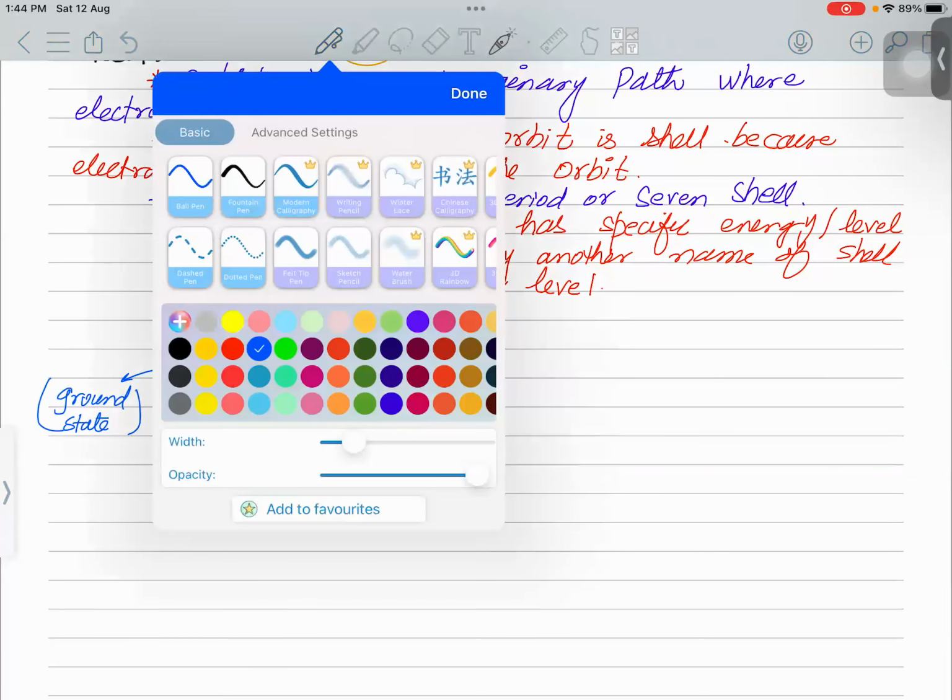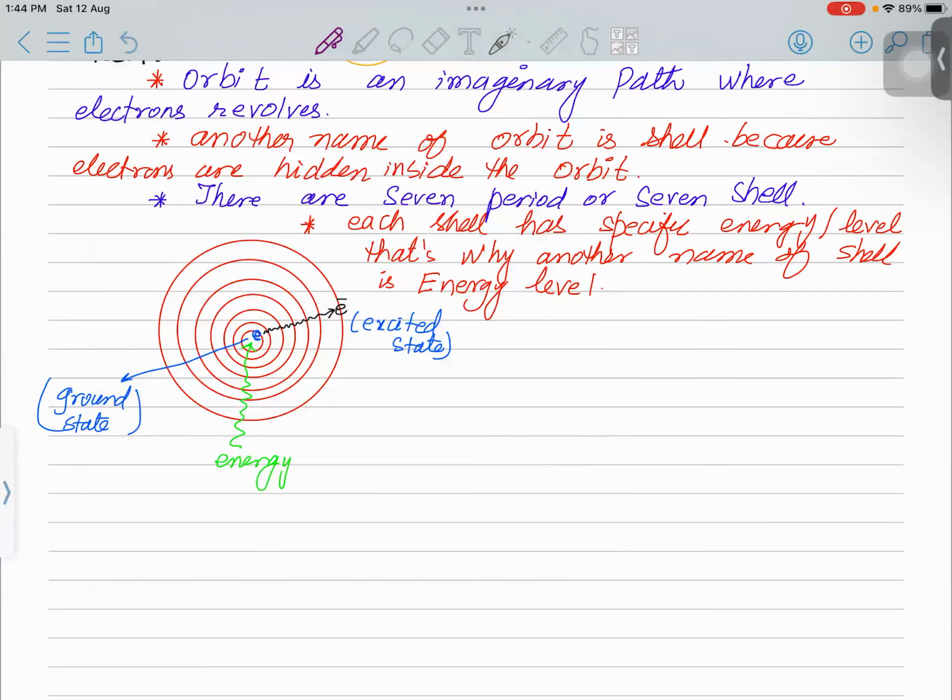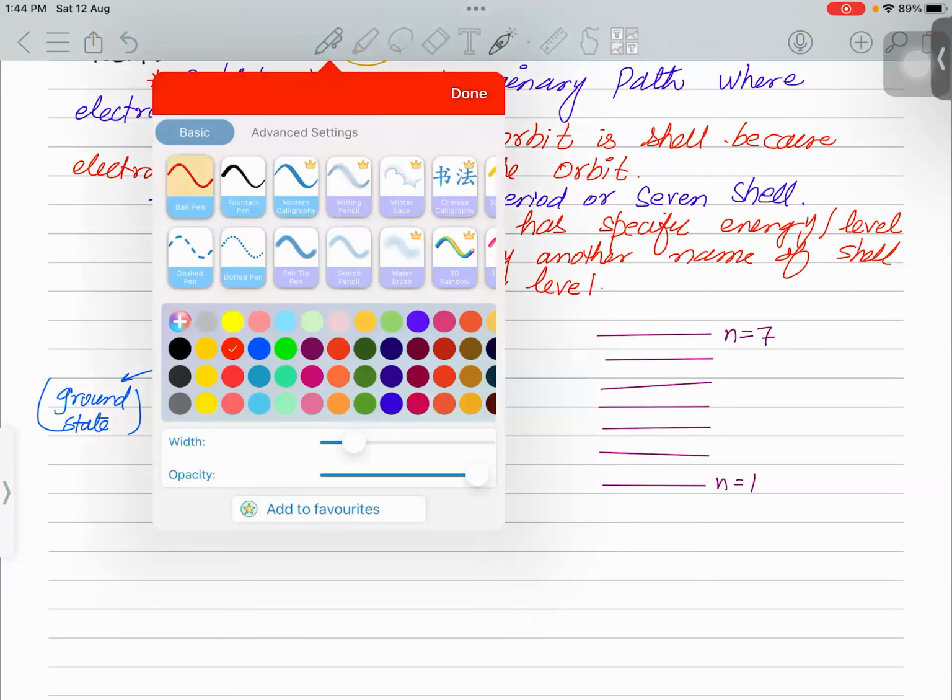So let's suppose this is shell number 7, 6, 5, 4, 3, 2, 1. Here n is equal to 1, and here we have the electron.